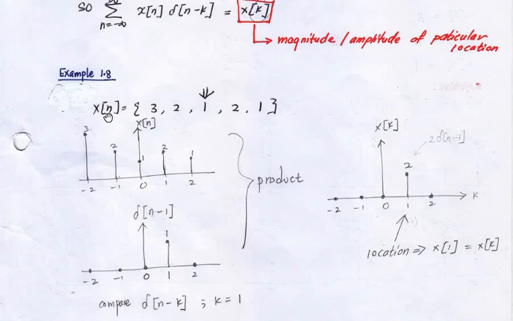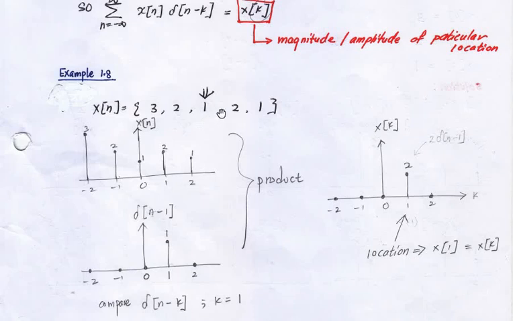Now let's look at the example here. If the numeric sequence x[n] is 3, 2, 1, 2, 1, where the origin is at the value of 1, and then you plot this numeric sequence: at origin the value is 1, at n equal to -1 you have a value of 2, and at n equal to -2, you have the value of 3.